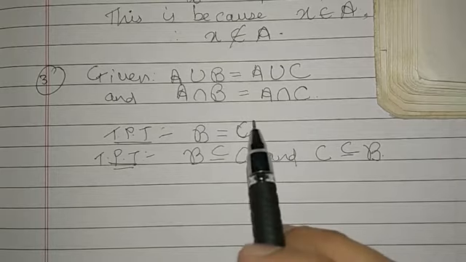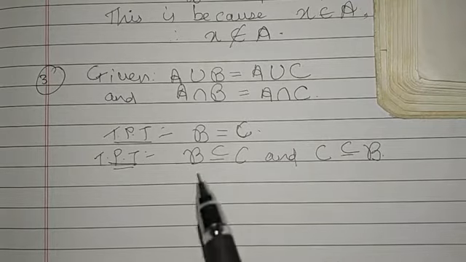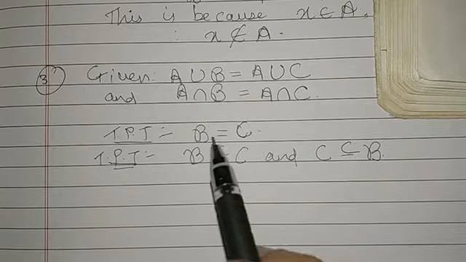Two sets A and B are equal when A is a subset of B and B is a subset of A. Here the names of the sets are different, B and C.